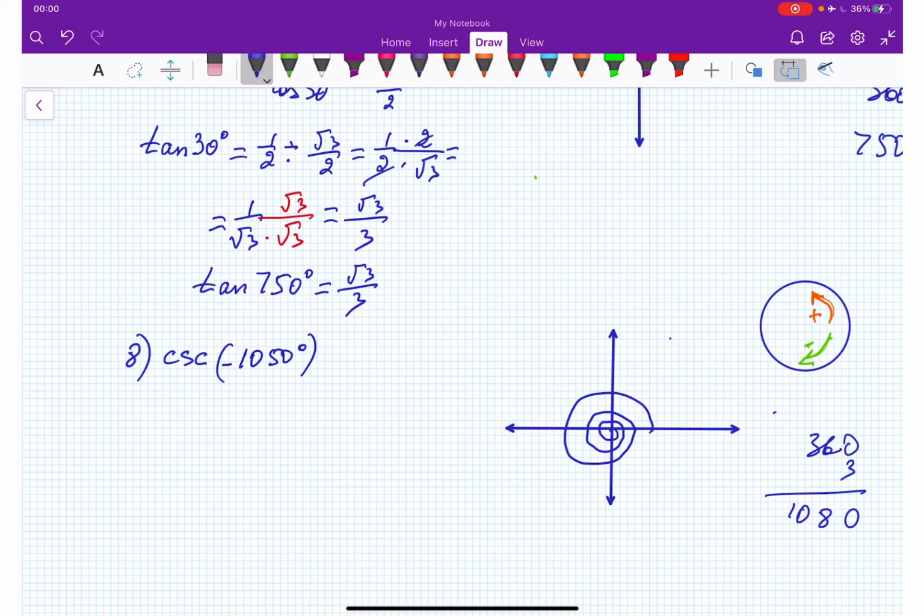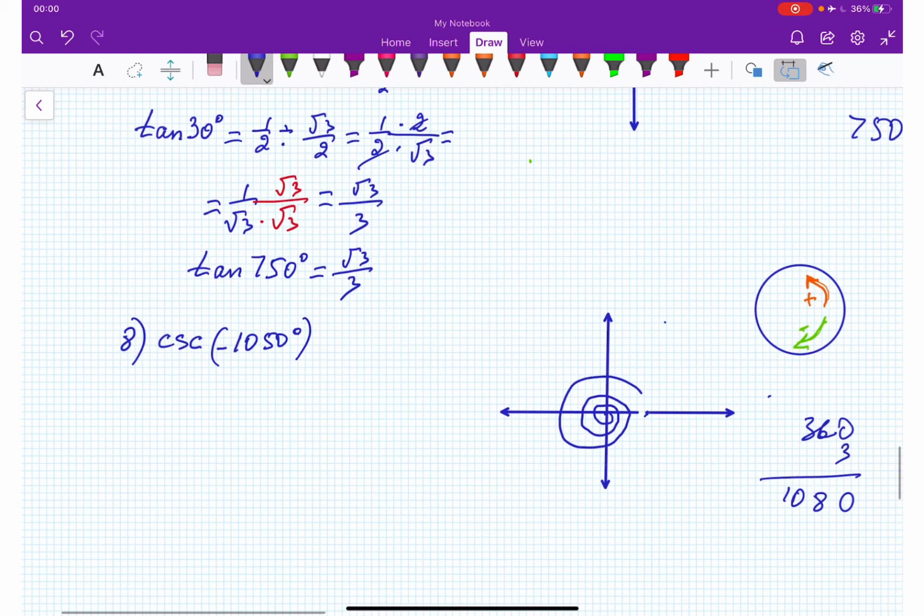But I need to go 1050, so I need to shorten by 30 degrees. It's going to go like this.